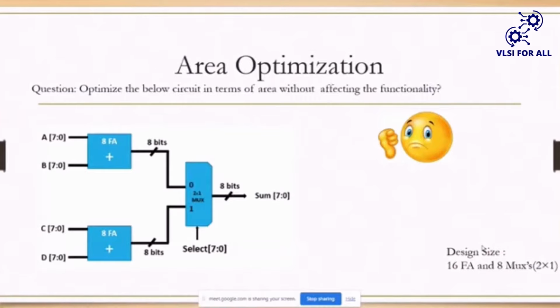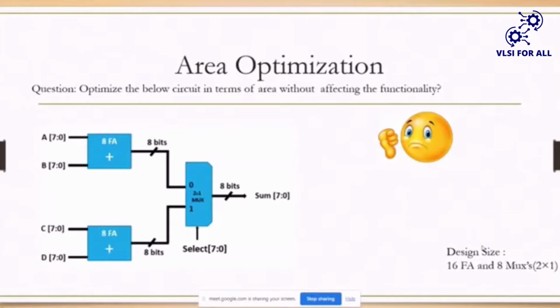And you know, in this design, as there are 16 full adders, the power dissipation is more in this design. So with respect to area wise or power wise, it is not up to the mark. We are not happy. That's why you see here one emoji is not happy. He's showing his thumb downward. So what do we do?